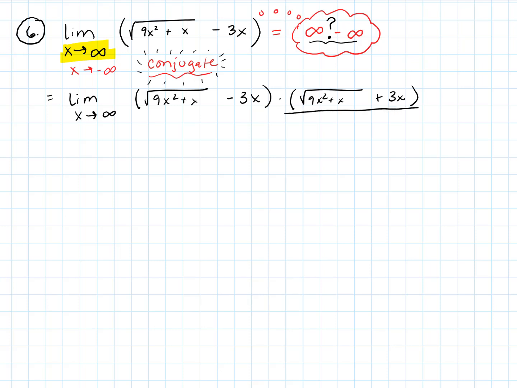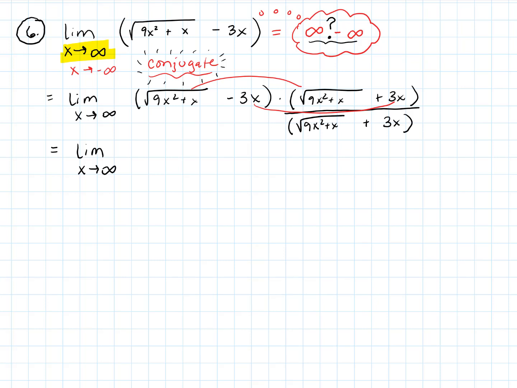I like that, but I can't just multiply by its conjugate. I have to also divide by its conjugate because I can't change the function. I can only manipulate it algebraically. And again, I have not taken a limit, so I need to continue to carry my limit notation down. When I multiply these out, the two middle terms will cancel, and to save time and space, I'm not going to write those in.